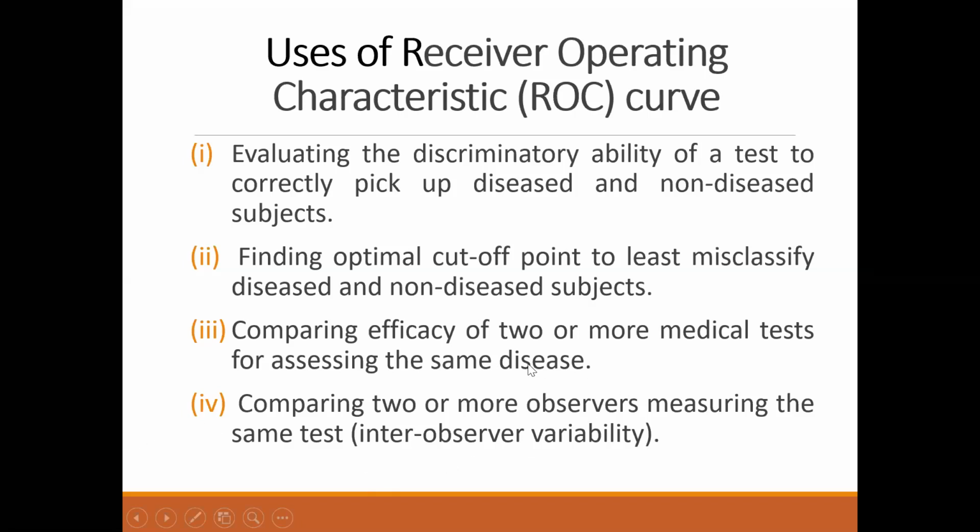Then in some cases it's used for measuring inter-rater variability. If we have 2 or more observers measuring the same variable, then we can see how much they are interrelated. So such analysis can be done.